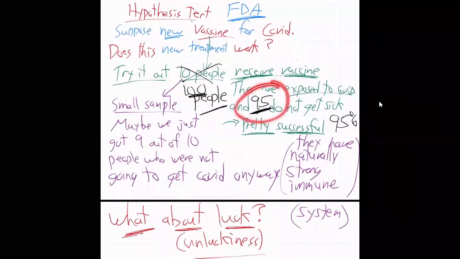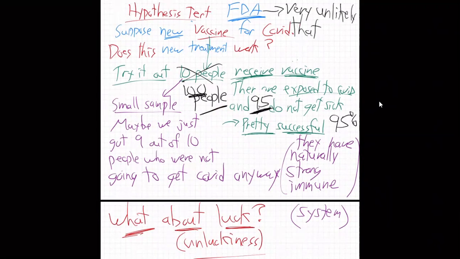It's like, what are the chances that 95 out of 100 people by random selection would happen to be people with super great immune systems? Very, very unlikely. And so what we would say here is it's very unlikely that we got 95 with strong immune systems, right?